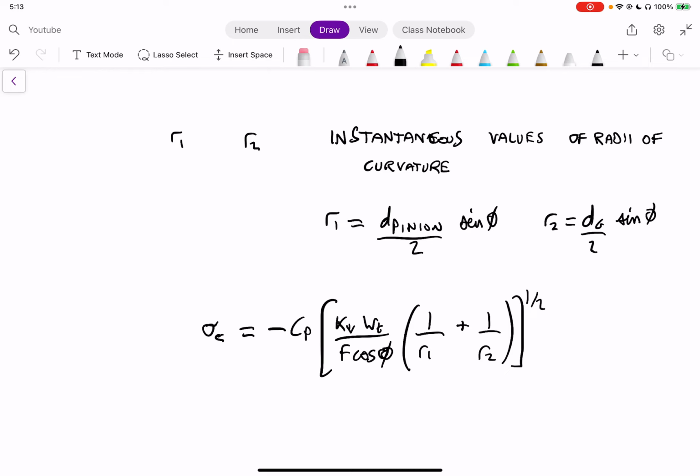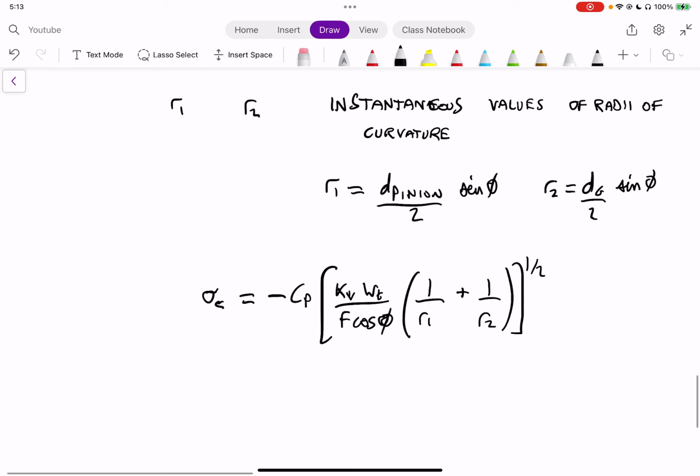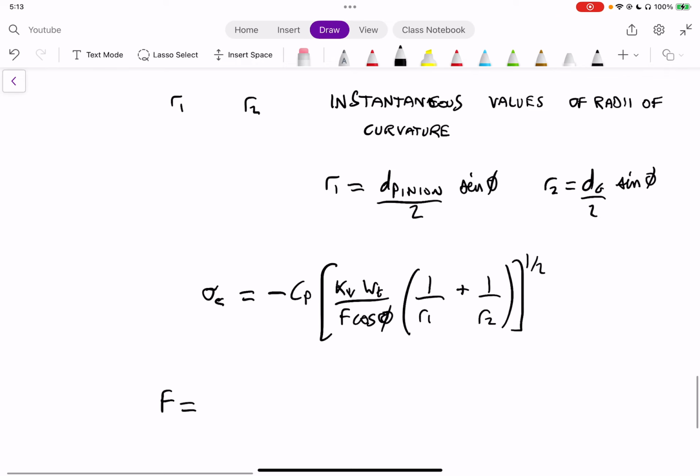Okay, and then what we're going to do is rearrange that equation to solve for F, because that's what we're asked to find in the question, based on an allowable contact stress of 100,000 psi, which we're just going to write as our contact stress. So we're going to have that F is equal to minus Cp over sigma C, and I'm going to square both because we have to square everything first.